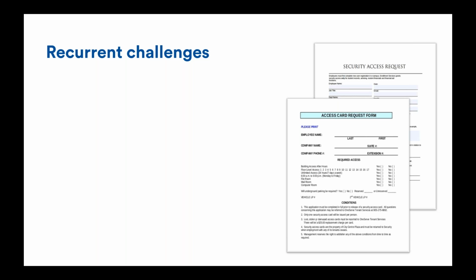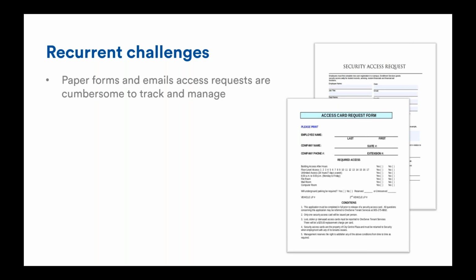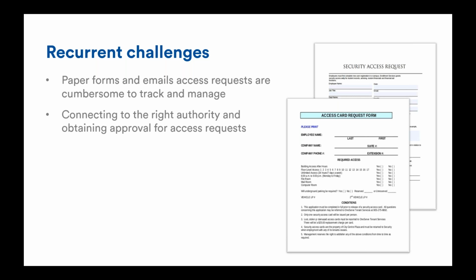Usually with access requests, an email or a paper form is sent to security personnel. Once submitted, that email or form has to be approved by the right authority or authorities for that specific credential. Then once it's approved, they gain their access.